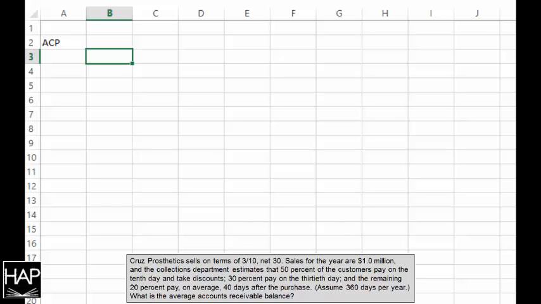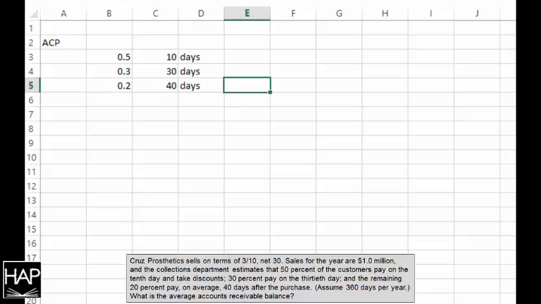That is, that 50% of customers pay within 10 days, 30% pay on the 30th day, and the remaining 20% pay on the 40th day.